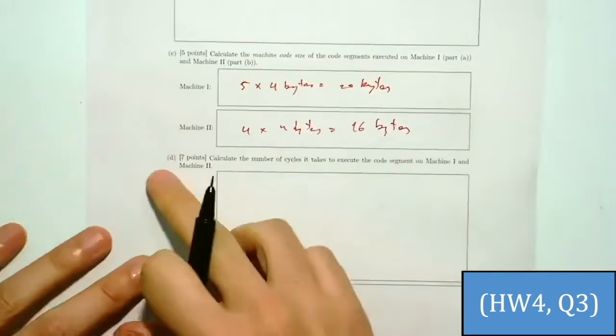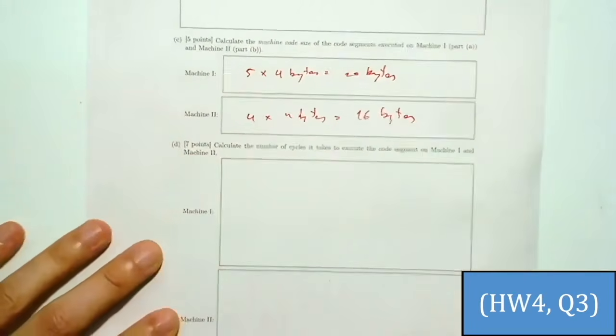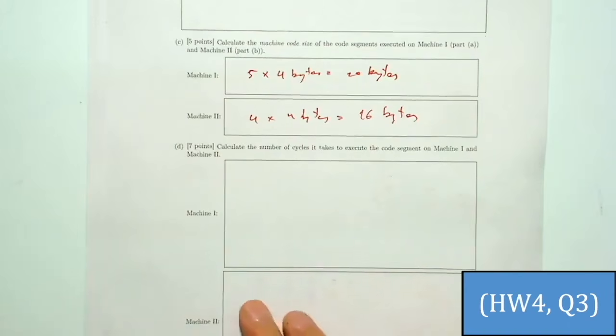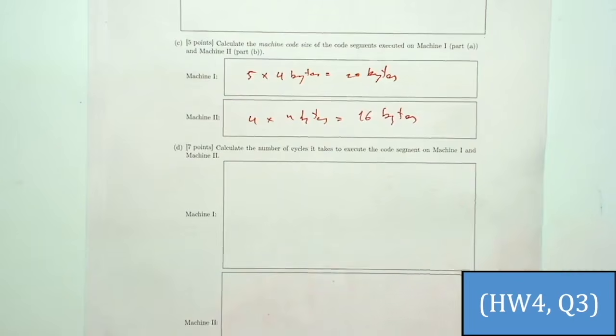So point D. So question? Yeah, isn't that a loop? So don't we have to multiply? Would the compiler write? No. This loop is executed dynamically, right? But you only need 4 instructions.